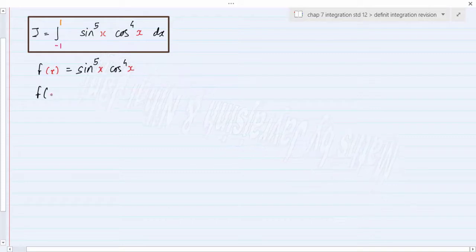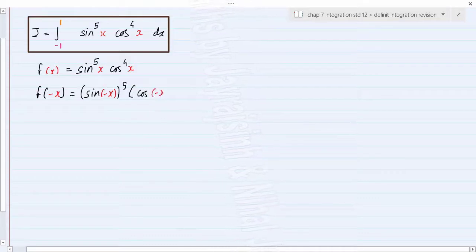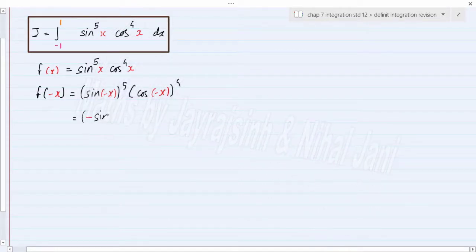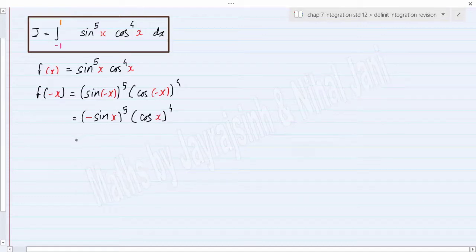So let's find out f of minus x. Here we'll get sin of minus x, whole raised to 5, and cos of minus x, whole raised to 4. Now, as we know, sin of minus x is nothing but minus sin x, whole raised to 5, and cos of minus x is cos x, whole raised to 4.